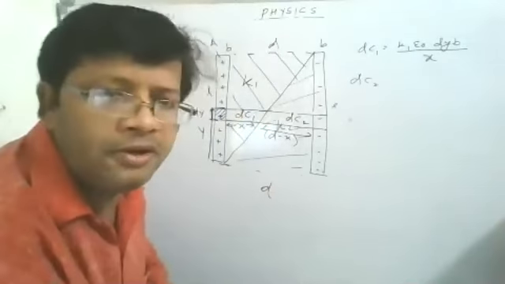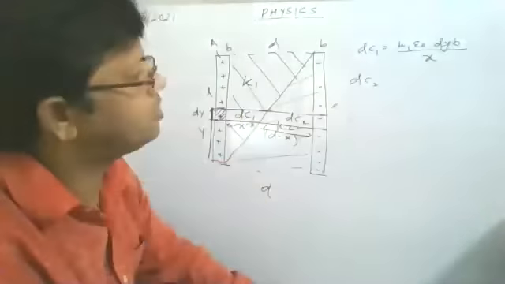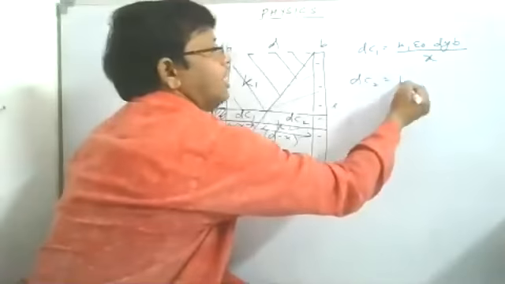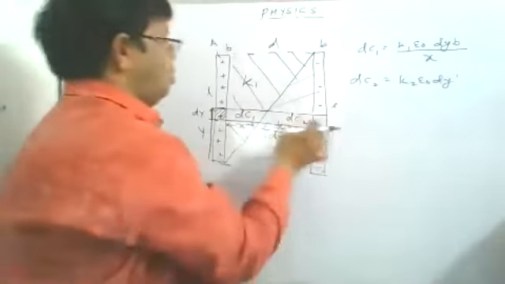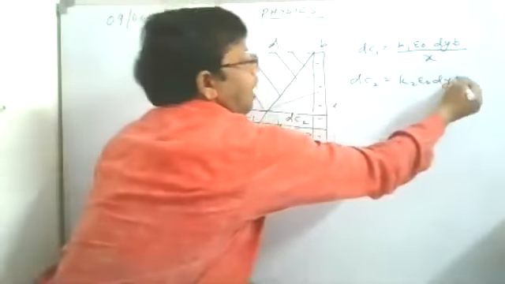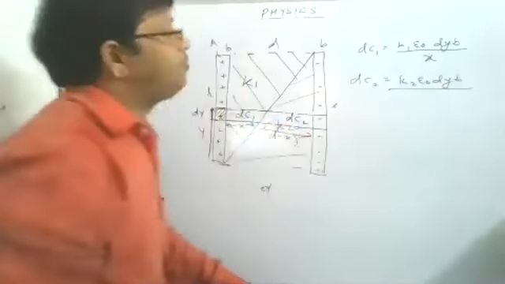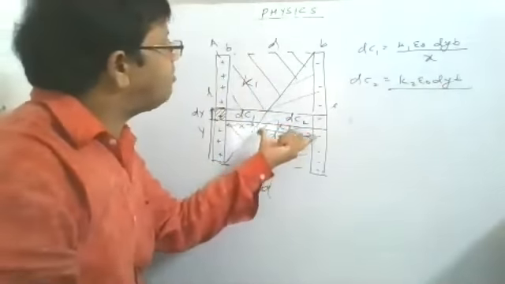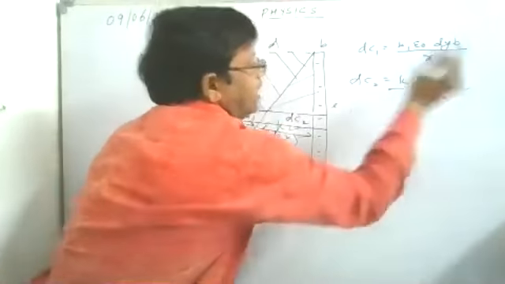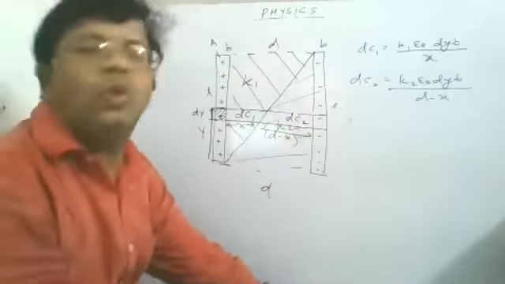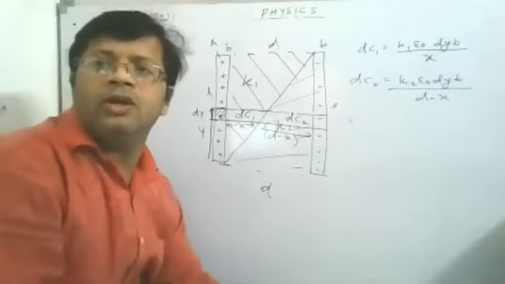For region dC1 we have found this. Now for dC2, K2 epsilon naught, plate area dy into b, and the separation between the plates for this region is D minus x.